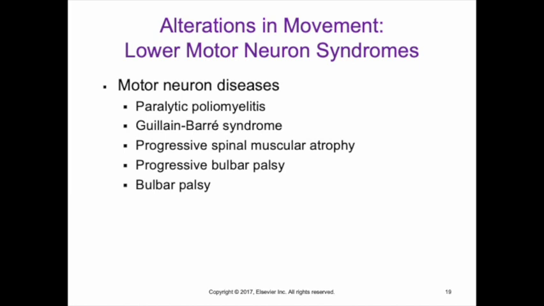Lower motor neuron syndromes can be seen with the following diseases here. Guillain-Barré syndrome is a very common one where we'll see lower motor neuron syndrome. And with Guillain-Barré, this is an autoimmune disorder that's characterized by your own immune system attacking the peripheral nervous system.